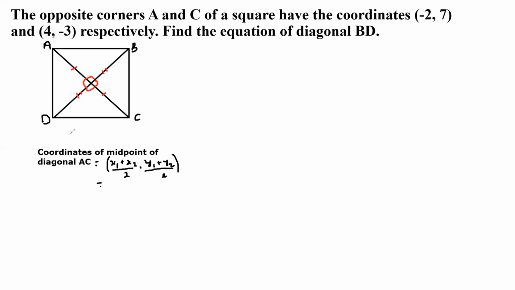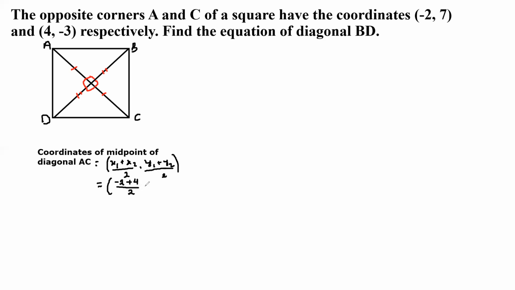So let's use this one. How can we use this here? Look at the AC here. AC has the coordinates (-2, 7) and (4, -3). So when we look at x1 and x2 here, it will be (-2 plus 4) divided by 2. You can check the coordinates here.